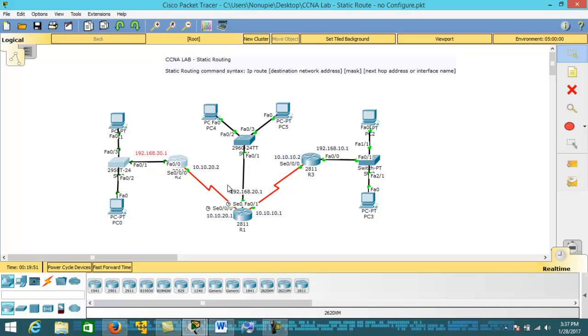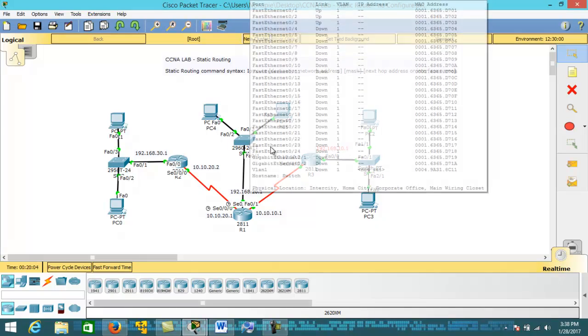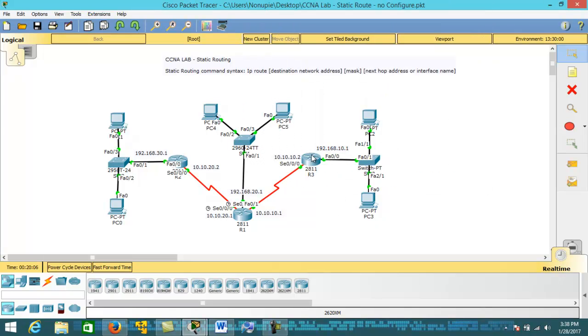It does not know about the 192.168.20.0 network and this network as well as this network. Similarly R1 also does not know about this network, and only knows these two networks, and R3 does not know about this network and this network.